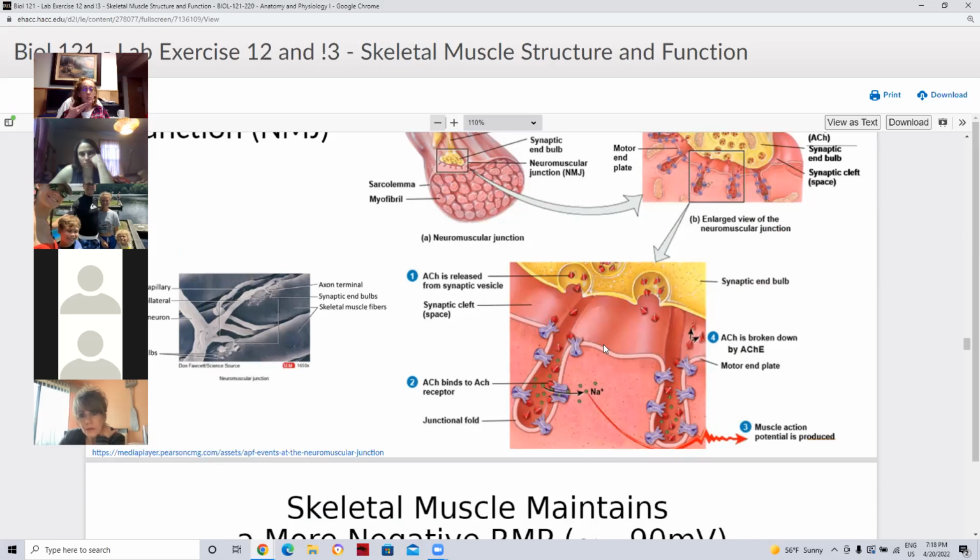Well, we don't want to keep acetylcholine around forever, and so it's going to get broken down by what's called acetylcholinesterase. But before it gets broken down, when it binds to its receptor, it's going to initiate a muscle action potential.